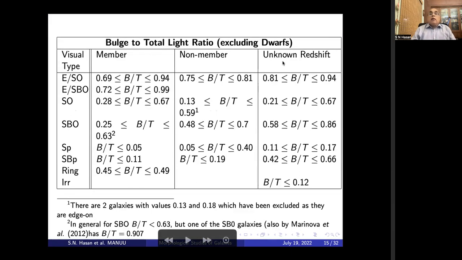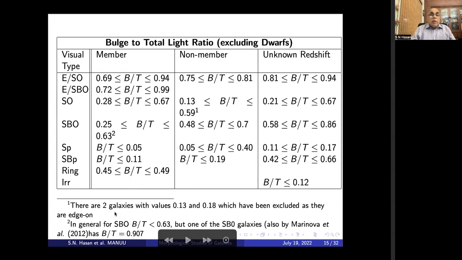For the bulge to total light ratio, including dwarfs, we classified them visually, and the visual types are given here in the first column. Ellipticals, lenticulars, and so on, ring and irregulars. And we have given the B by T ratio for members, non-members, unknown redshifts.